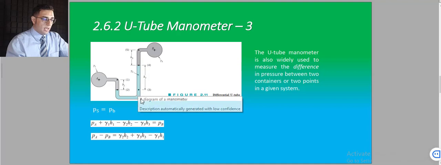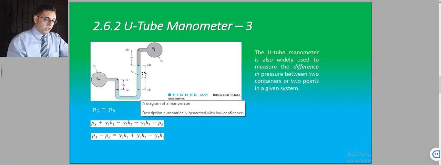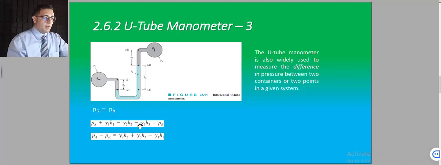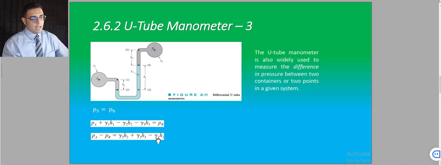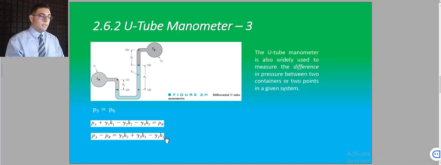This means a decrease in the pressure, minus gamma 3 H3 is equal to PB, which is point 5. Doing the calculation, PA minus PB is equal to gamma 2 H2 plus gamma 3 H3 minus gamma 1 H1. It is a very convenient device for measuring pressure difference at different levels.